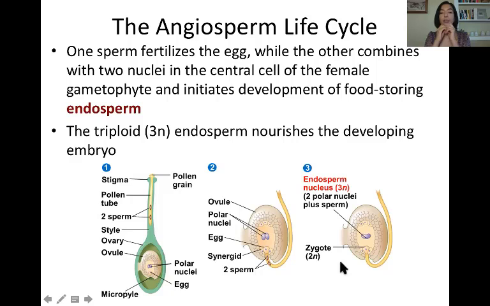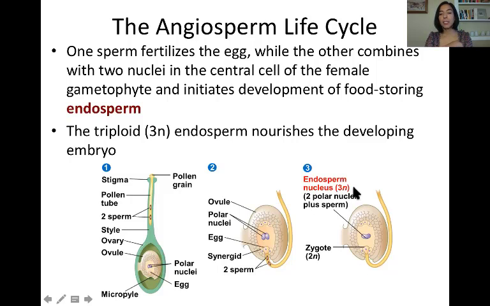If we fuse one spermatic cell, which was haploid, and these two nuclei, which are haploid as well, what will be the ploidy of this cell? A, haploid; B, diploid; C, triploid; D, tetraploid. Okay, it's super simple because you can see it here.